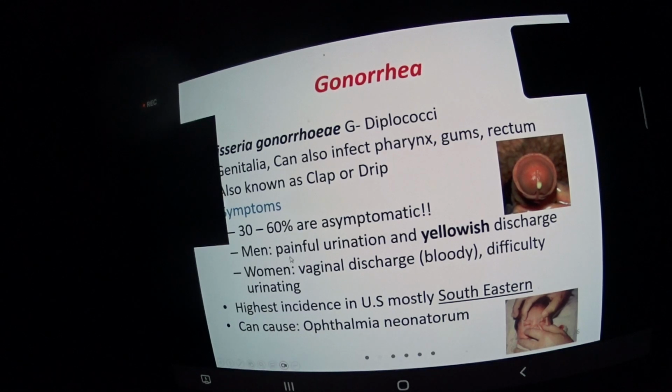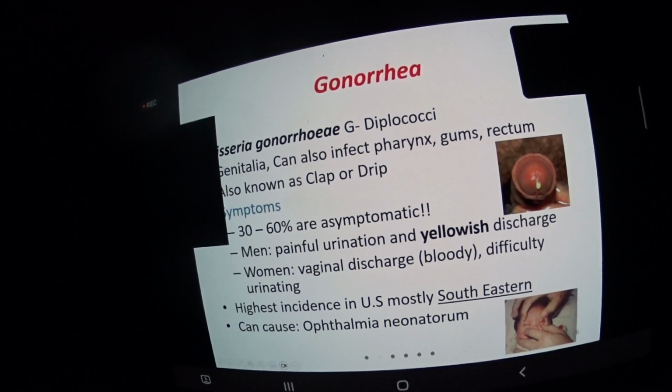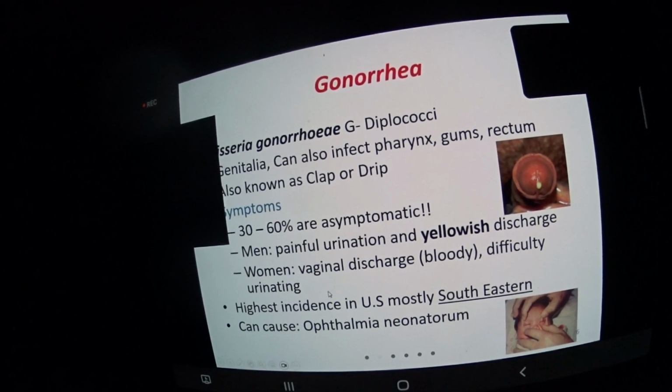If they have symptoms, most of the time the men see it. Females are typically the ones that can be asymptomatic. Males usually have painful urination and the discharge. Women can have some unusual discharge that is bloody, spotting in between menstruation, a little bit of difficulty urinating, but other than that, not much.